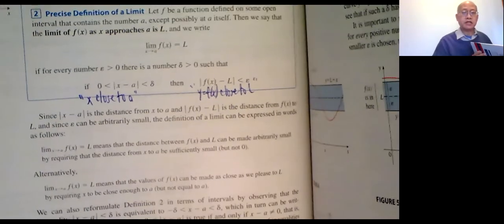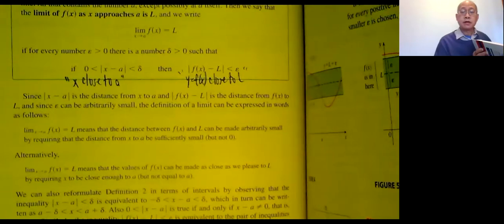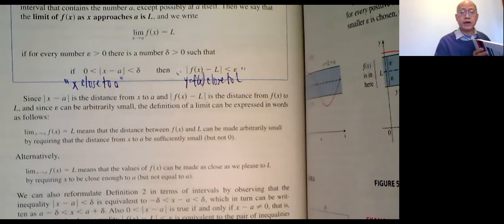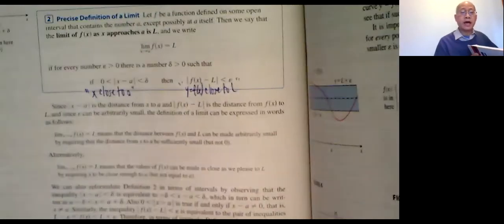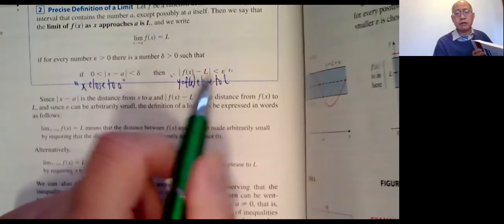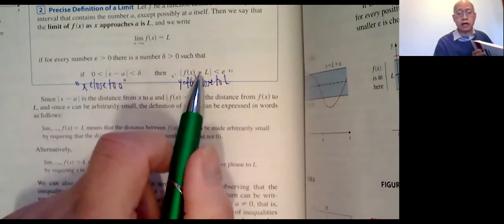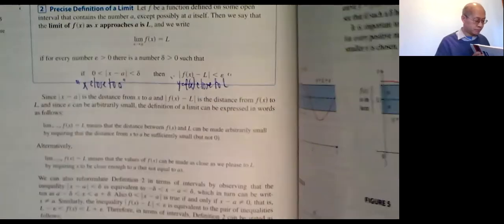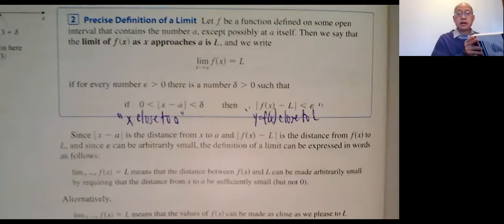That's the meaning of x is close to a. Okay. And then the other side, y for f of x is close to L. Okay. And in this case, we're insisting that x and a cannot be equal. We don't make that claim over here. F of x and L are allowed to be equal here, but not over here.